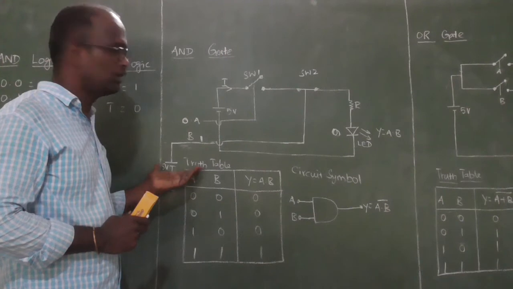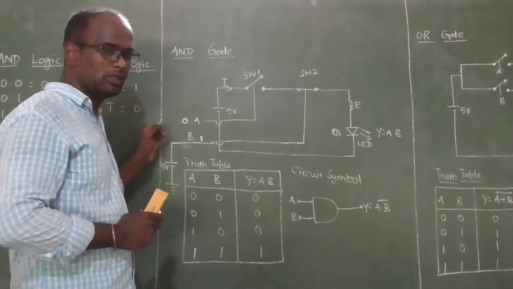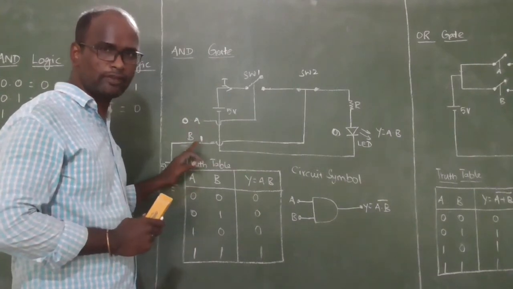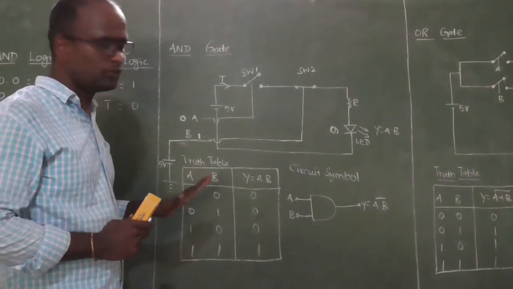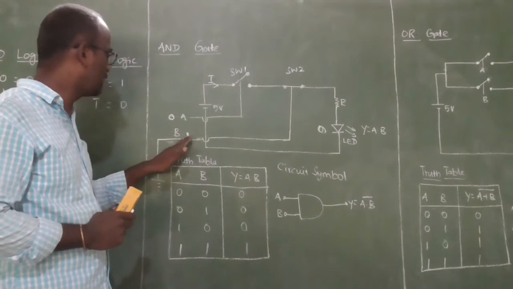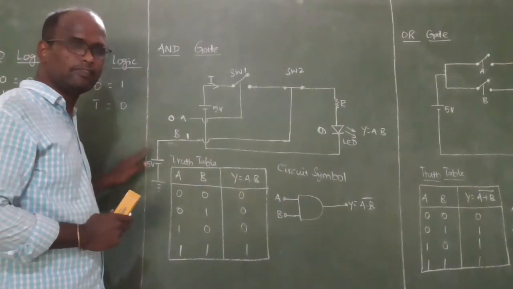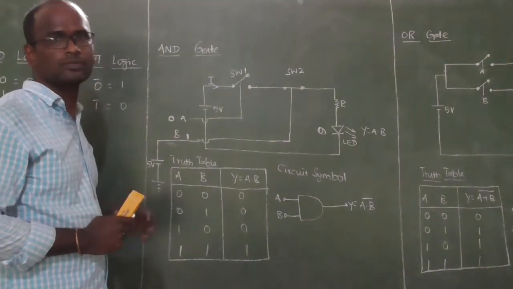It is in milliampere actually. So here the logic 1 is referring to the current flow. That's it. Understand? So we cannot misunderstand. We cannot consider that logic 1 refers to the applied voltage.